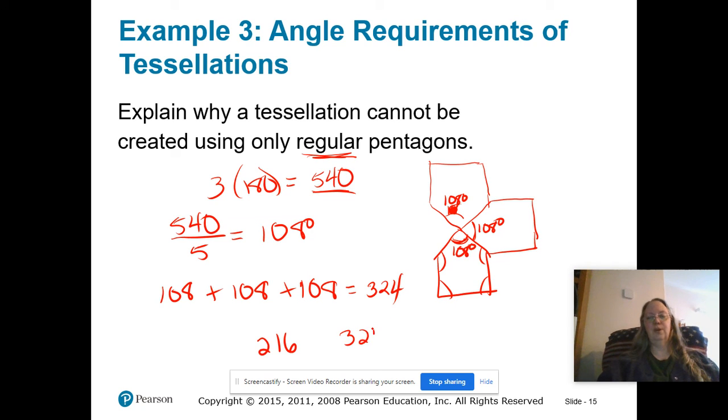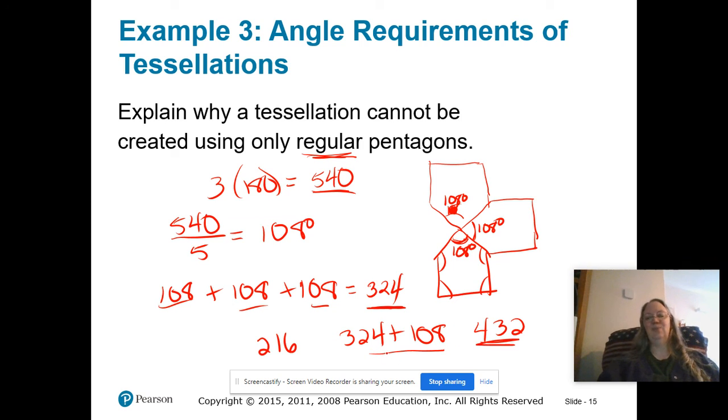If I add another 108, I'm at 432, which is over what I need. So 3 angles are not enough and 4 angles give me too much.